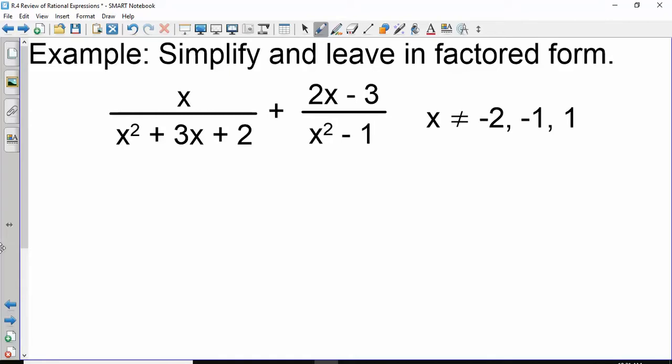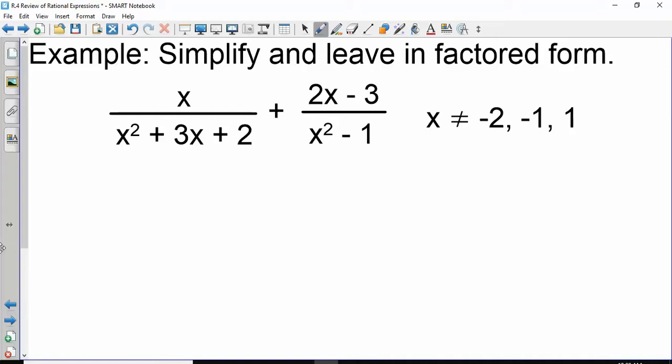What's that? X cannot equal negative 2, negative 1, and 1. It's just the domain. Does it change our answer at all? No. Alright, so we are just going to ignore that. We don't want to make our problem any harder than it has to be.